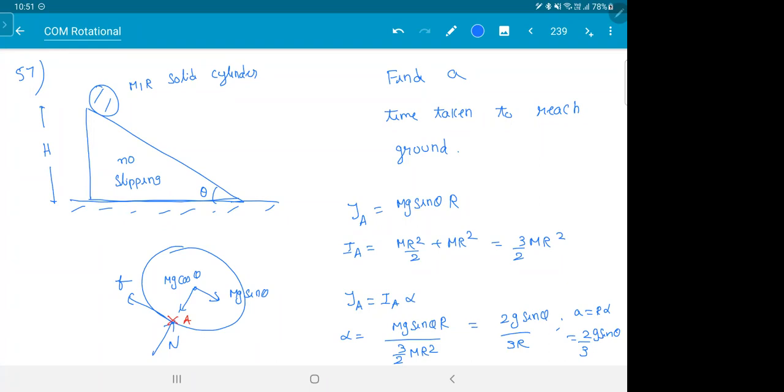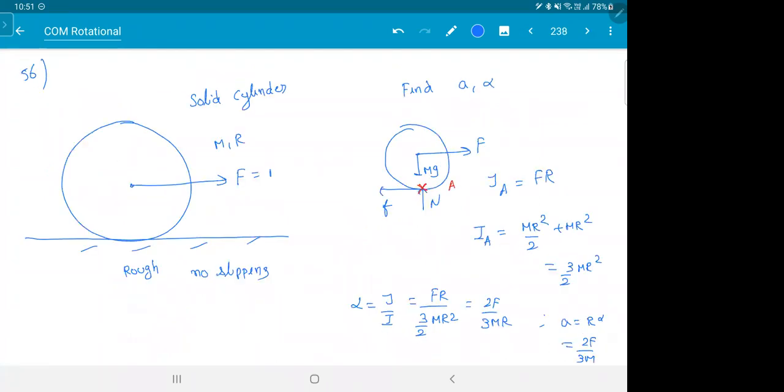Check it out. This is quite similar to the previous question. See, I took F equal to mg sin theta, isn't it? Just turn the page a little. Isn't the answer the same, 2mg sin theta by 3?